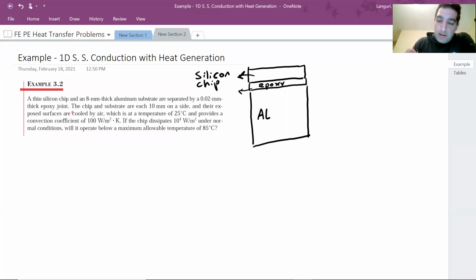So let me show the Q dot, the volumetric heat generation, and the amount of Q dot is 10 to the power of 4, 10,000 watts for every meter square.